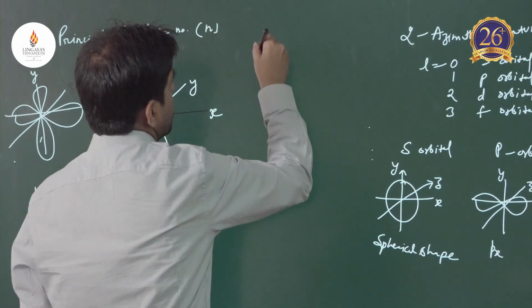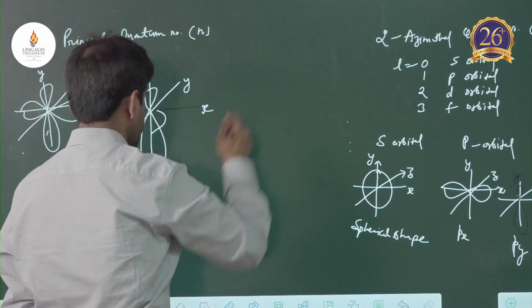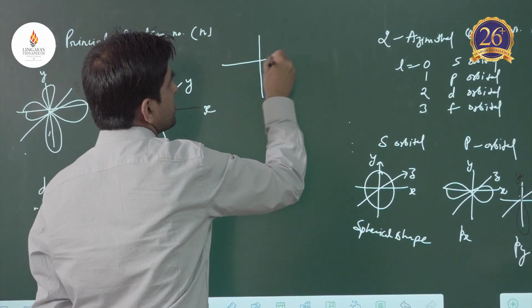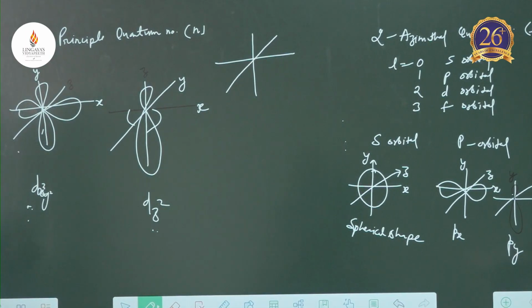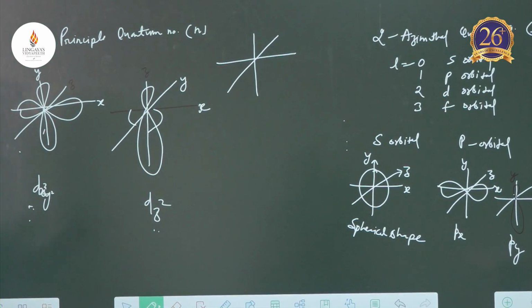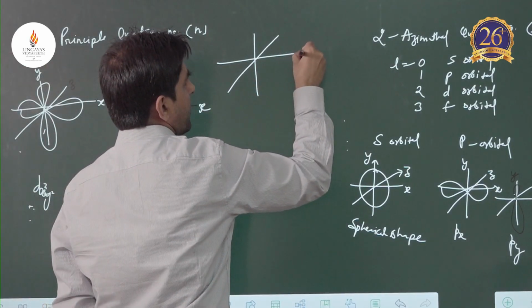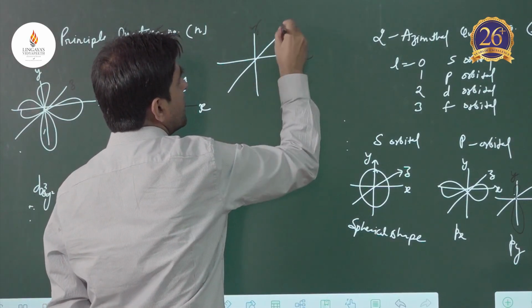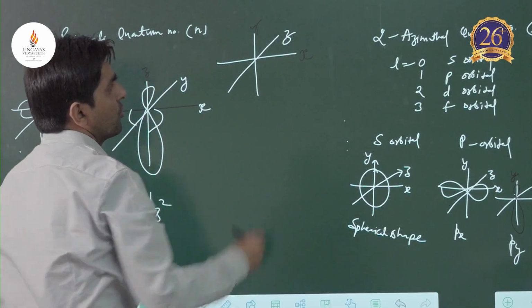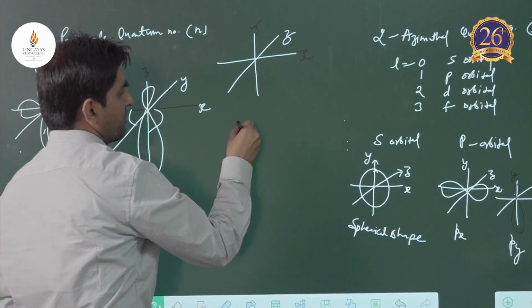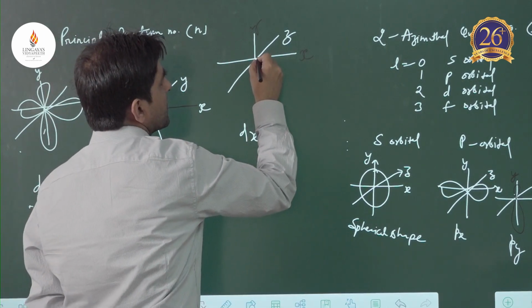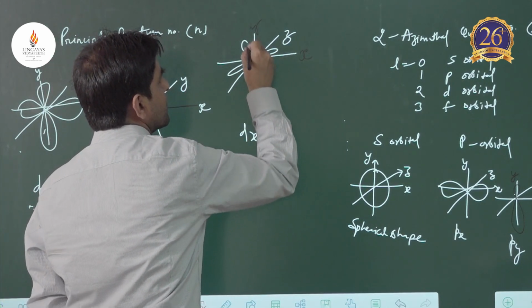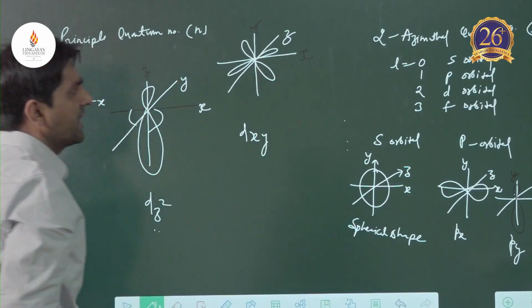Now the other three orbitals. If we are drawing the other three orbitals, that is dxy. We will draw the lobe of dxy orbital in between the x and y axis. Suppose this is x, this is y, this is z. This is x, this is y, this is dxy orbital.